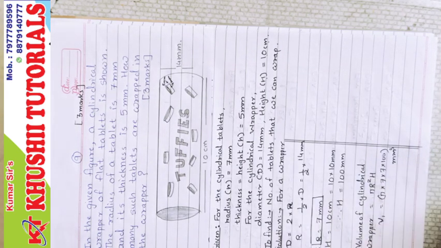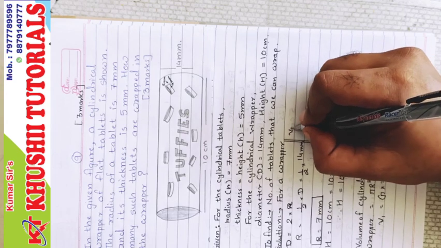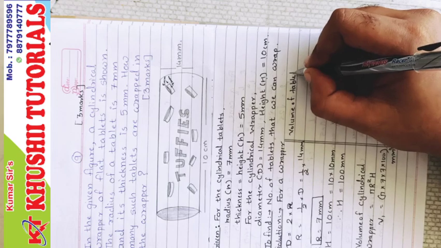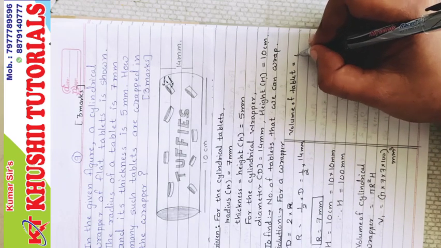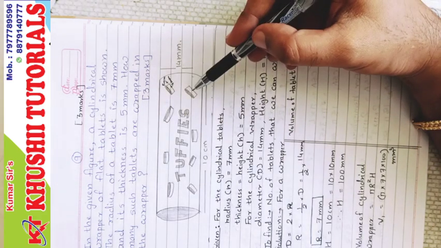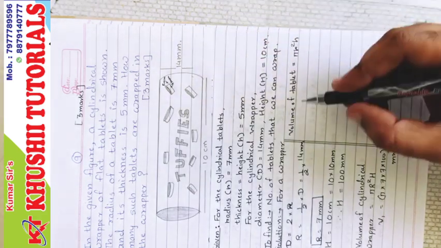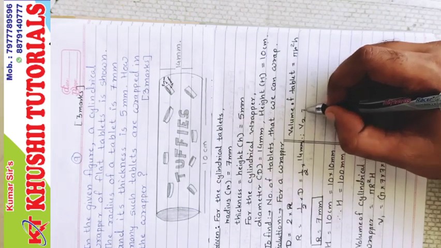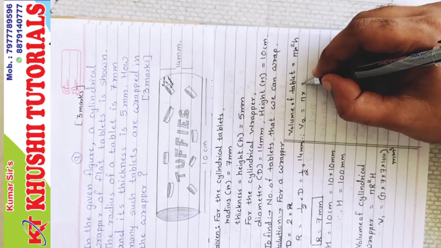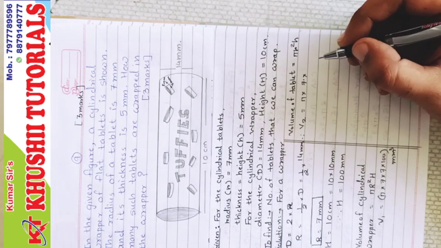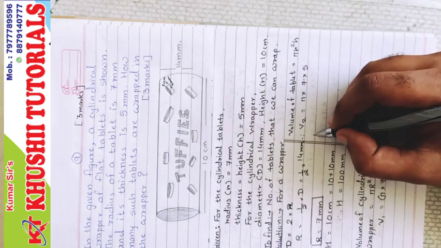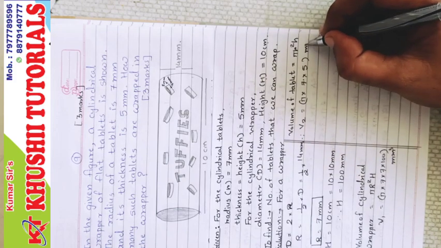You can write V1. Now volume of tablet equal to pi r square h. Why same formula? Because tablets are also tiny cylinders. We will assume as V2, pi will keep pi, r, here the radius is 7 mm and the thickness is 5 mm, millimeter cube.